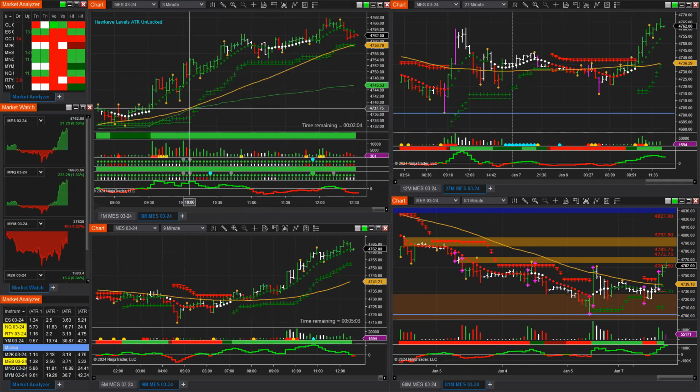And this is just a simple 50-period moving average. So that helps me to see the range. This right here is the volume weighted average price for that current instrument. So price usually will come down to the 50 SMA, or it'll come down to the VWAP.